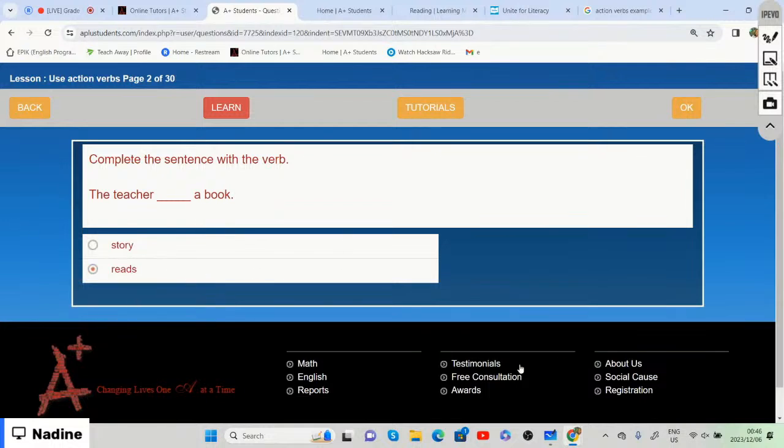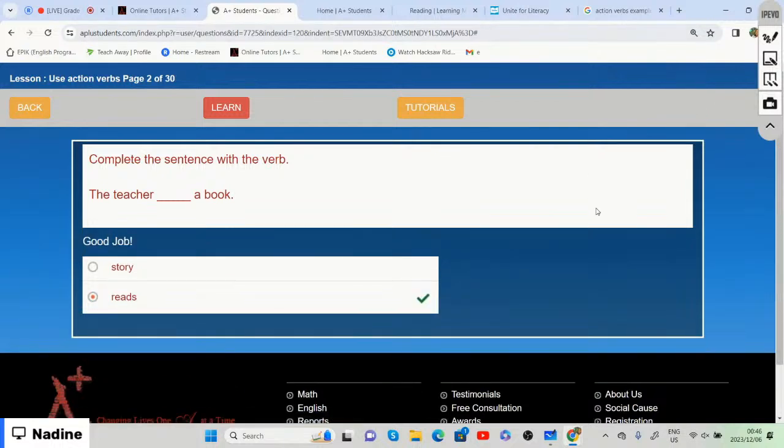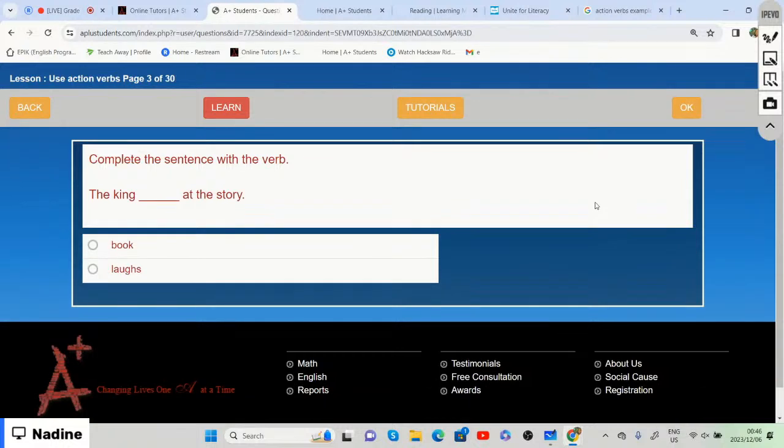So the teacher reads a book. The king, do we say the king book at the story or the king laughs at the story? So basically we can say the king laughs at the story.